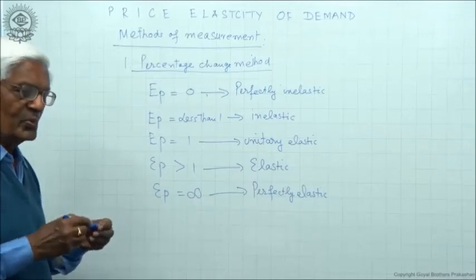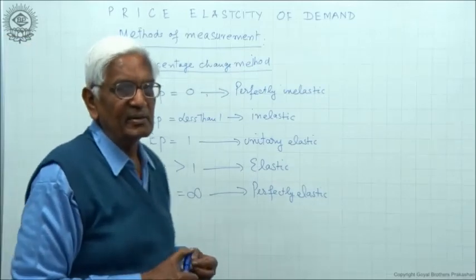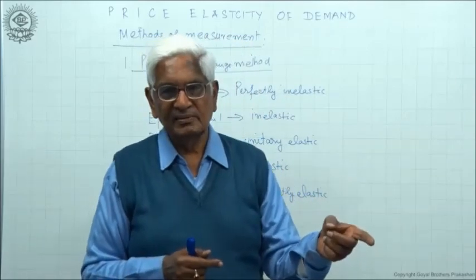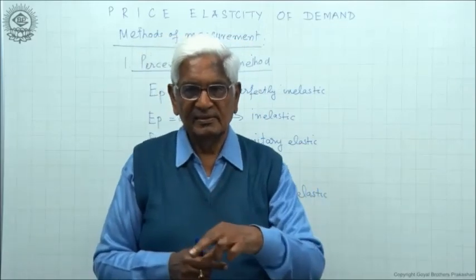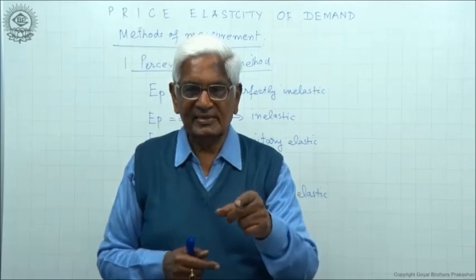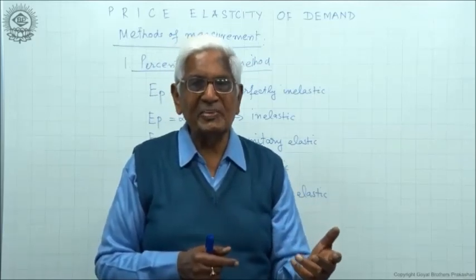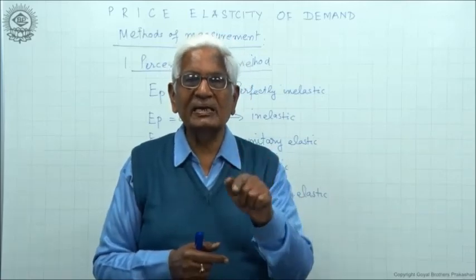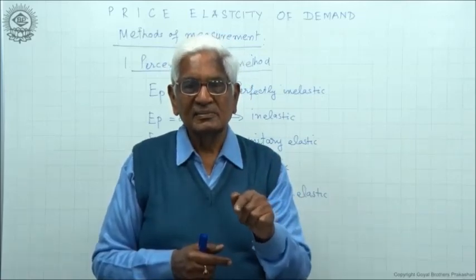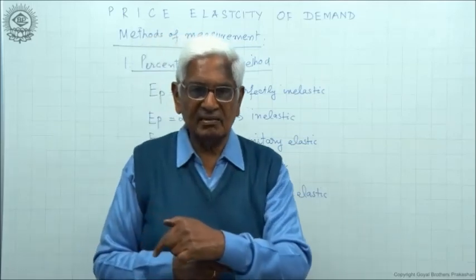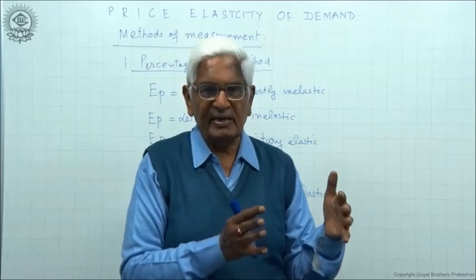तो याद रखिए मोटे तौर पर देयर आर ओनली 3 कैटेगरीज, इलास्टिक, इनइलास्टिक, यूनिटरी इलास्टिक। इलास्टिक में फिर हम 2 कैटेगरीज कर देते हैं, एक्सट्रीम केस परफेक्टली इनइलास्टिक, extreme case perfectly inelastic. So we have 5 categories.